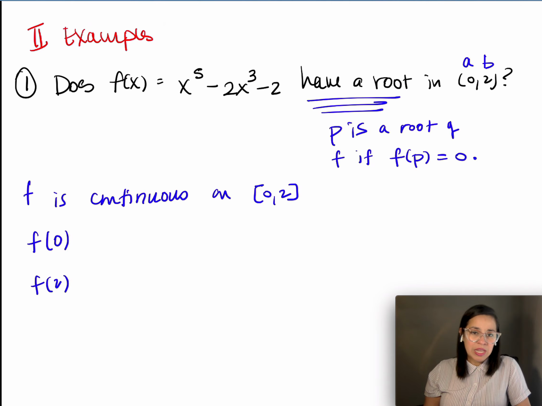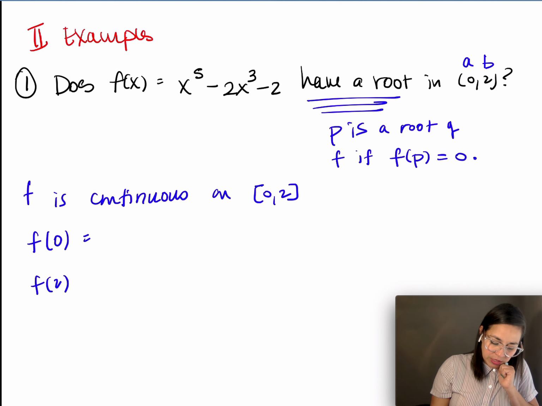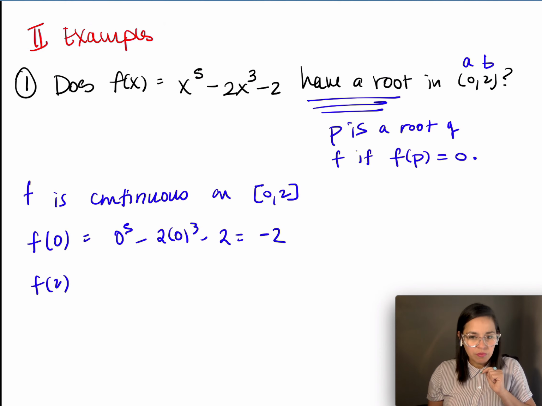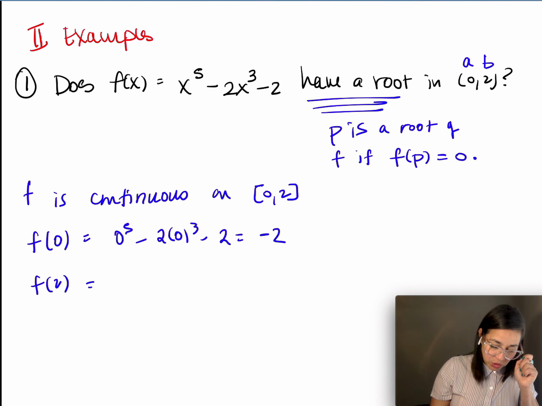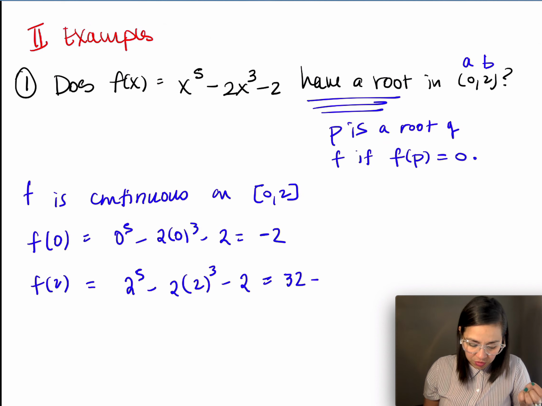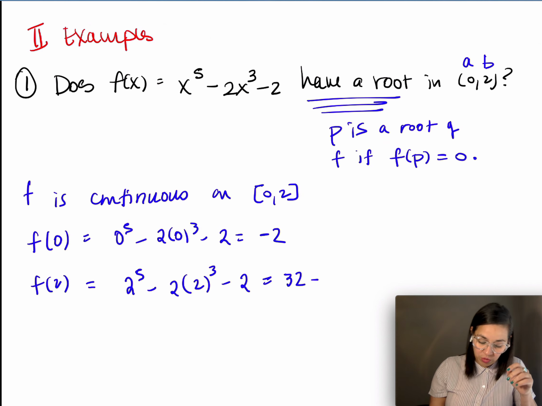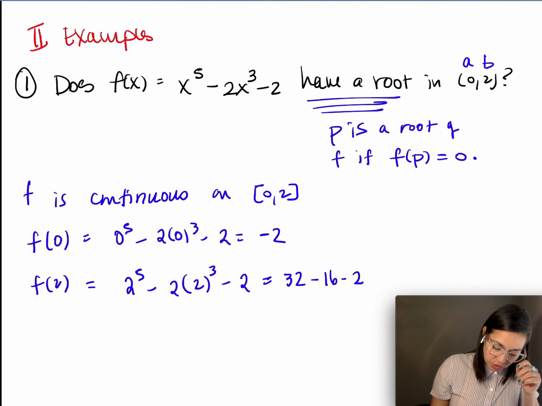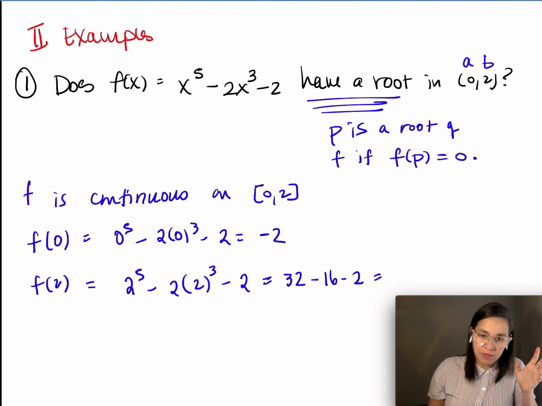So let's do it. If I do f(0), I get 0 to the fifth minus 2 times 0 cubed minus 2, which is negative 2. If I do f(2), I get 2 to the fifth minus 2 times 2 to the third minus 2. Which is 32 minus 2 cubed times 2, that's 2 to the fourth, which is 16, minus 2. 32 minus 16 minus 2, you get 14.